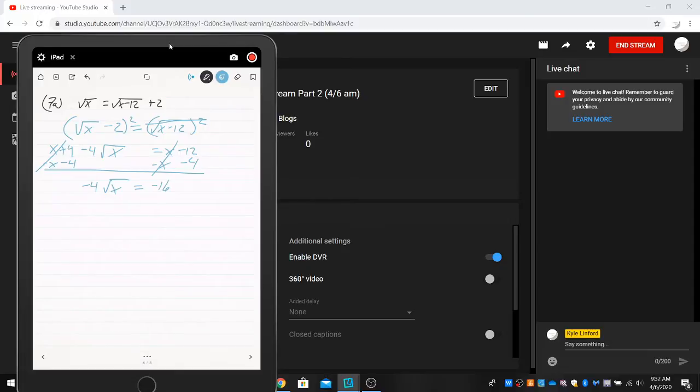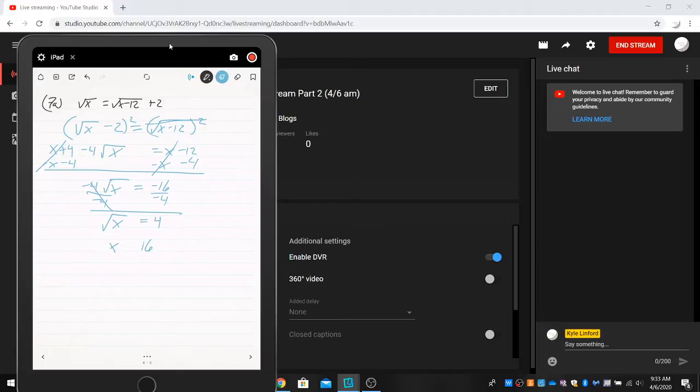I can then divide both sides by the negative 4. You don't have to, but why not, right? So we have root x equals negative 16 divided by negative 4, which is just positive 4. So we can square both sides, and we end up with x equaling positive 16.